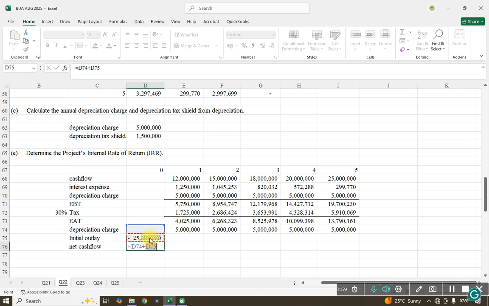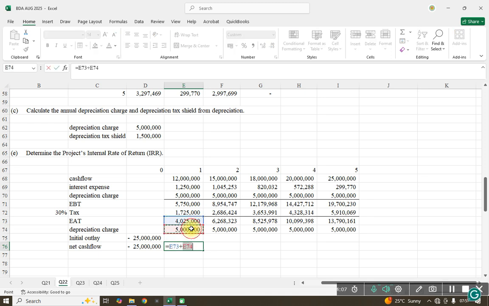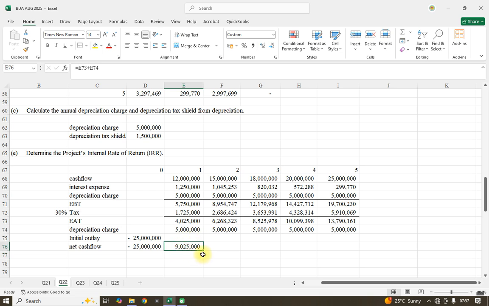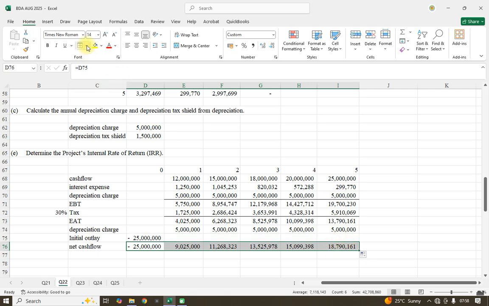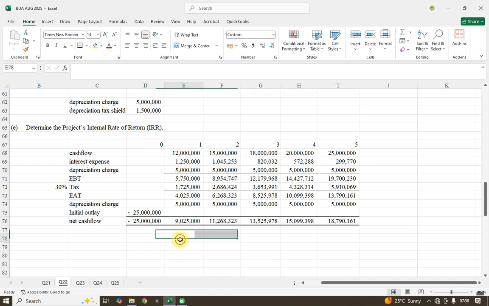Okay, so here I'll just pick one. That will be our net cash flow, but here will be this plus this, the 2. Earnings after tax plus the depreciation, tax shield, that way, and that will be our cash flow, so that from there we can get our IRR.